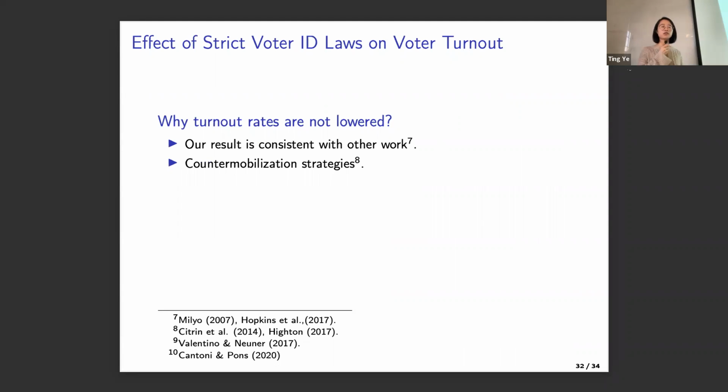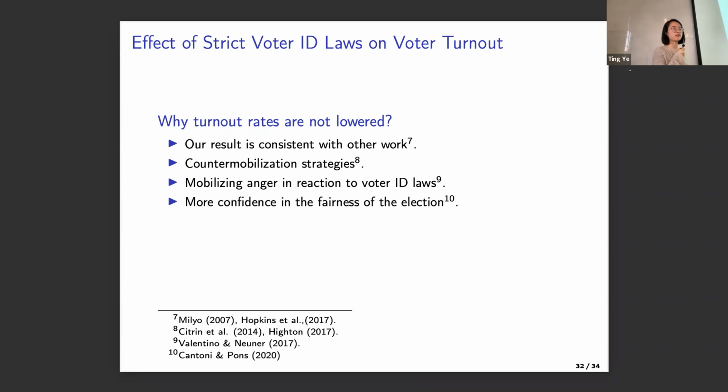The first one is that there are a lot of counter-mobilization strategies to this voter ID law. A lot of groups are organized to make sure people are aware of the voter ID law restrictions, and also to help them get the voter ID. So this helps to mitigate the inconvenience of needing the voter ID. The second is that, because of the discussion during that time in the public media, it triggers anger for those who thought they were disadvantaged by this law, so it actually motivates them to vote.